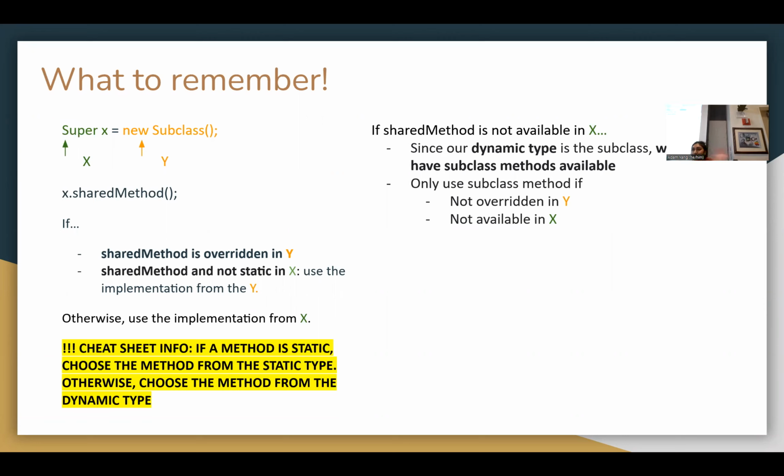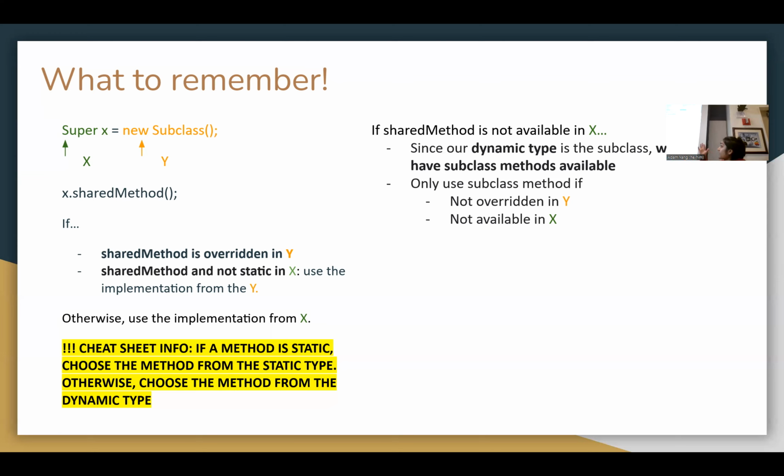That's the singular thing, if you remember one thing from this section, that is the most important thing to remember. However, one other thing to remember is that you may be wondering what's the benefit of using two different classes while declaring this object. The object actually has access, even though, like we've said before, our object X here belongs to the superclass, it still has access to the methods in the subclass.